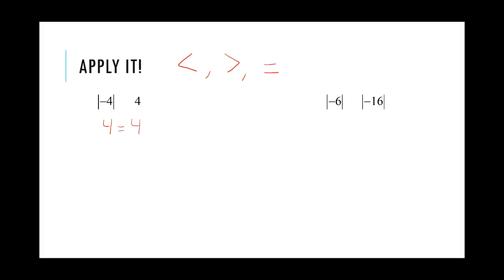This other one is asking, what is the absolute value of -6 compared to the absolute value of -16? So you first have to figure out, how far is -6 from 0? How far is -16 from 0? Which is 6 and 16.